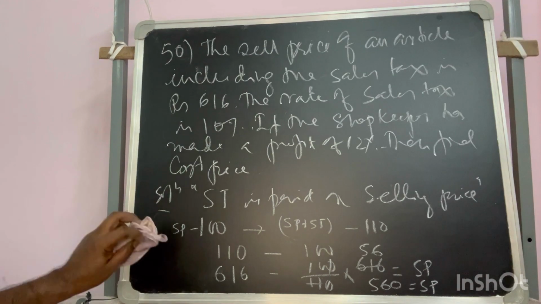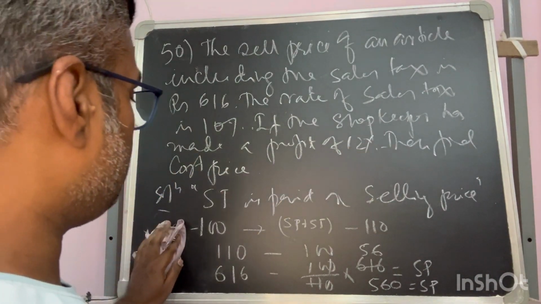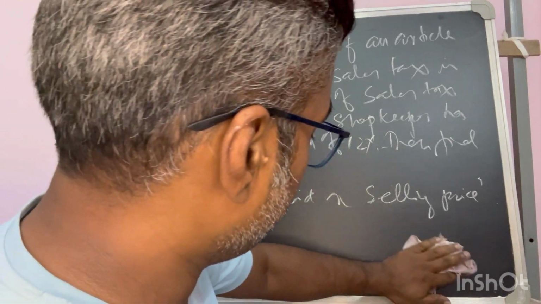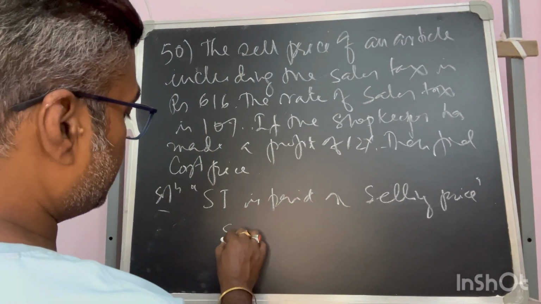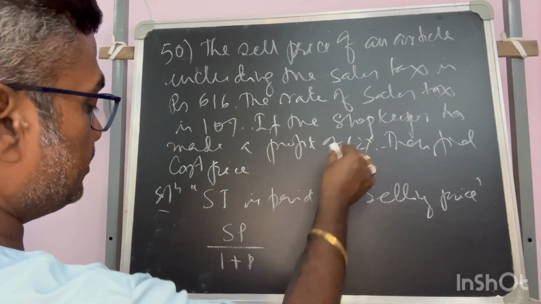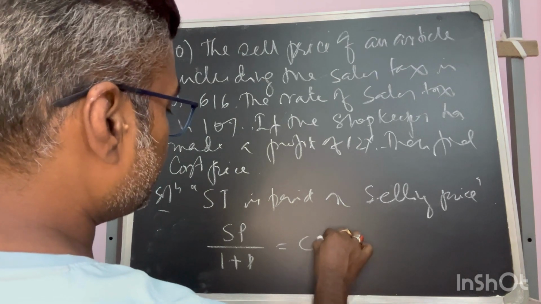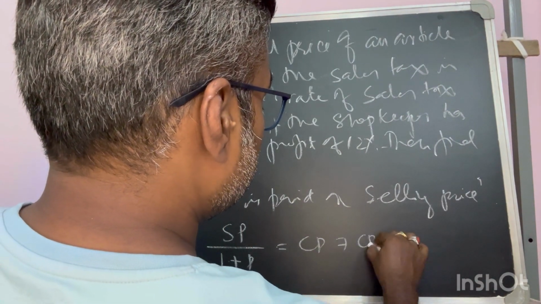Fine. Now if the shopkeeper made a profit of 12%, now comes the part of the cost price. Then find the cost price. So selling price by 1 plus profit. If he is making profit, this is the cost price. You can use this equation.